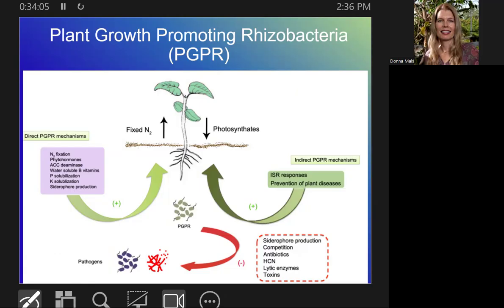And so this image is trying to get at all the different things that these PGPRs are doing for the plant. I would argue the fungi should be in here too. That's why I like PGPM. I'm actually favoring that lately because you have to think about the mycorrhizal fungi too. So they're showing several things here.